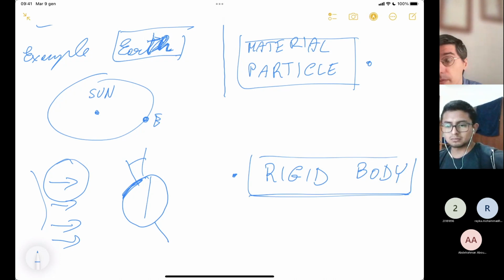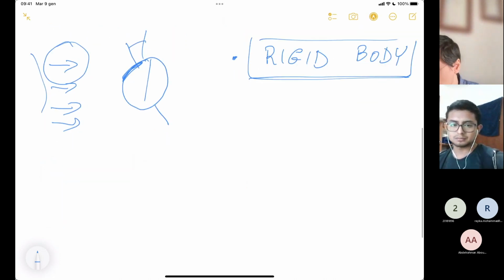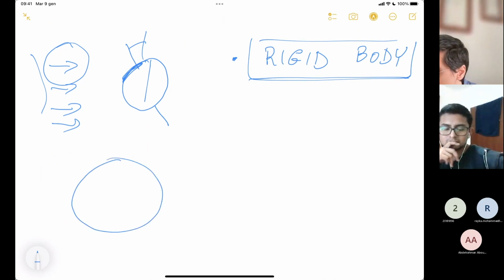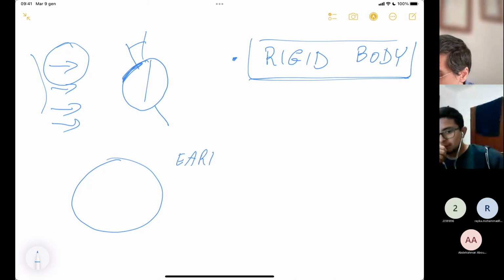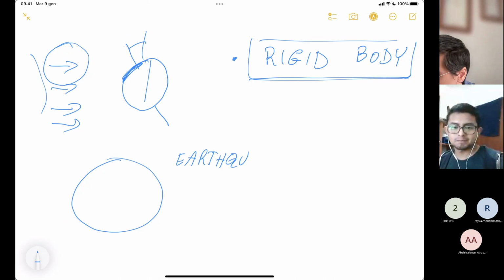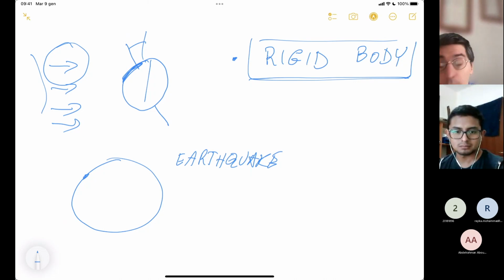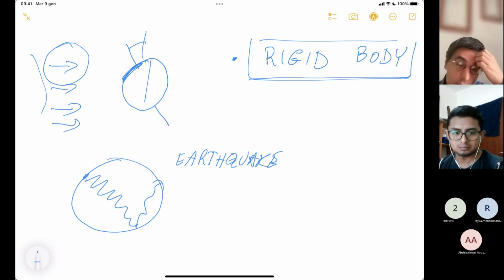But this is not all. For example, if you are interested in understanding what happens in an earthquake, you have some deformation of the Earth. You have some kind of wave that is transmitted in this deformable body.